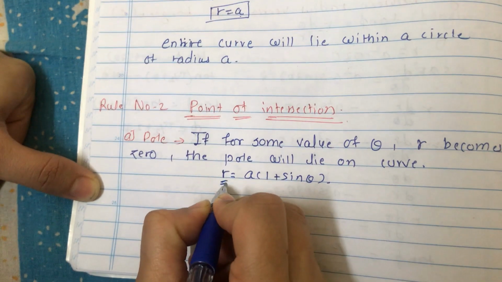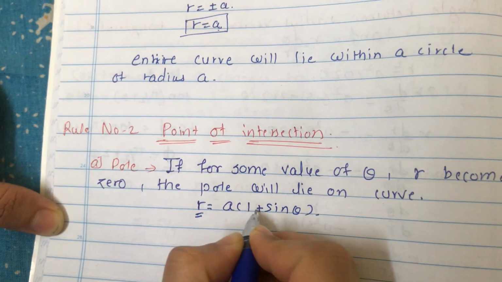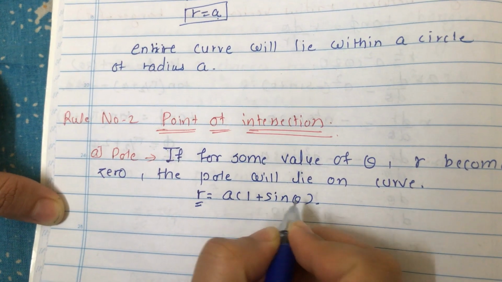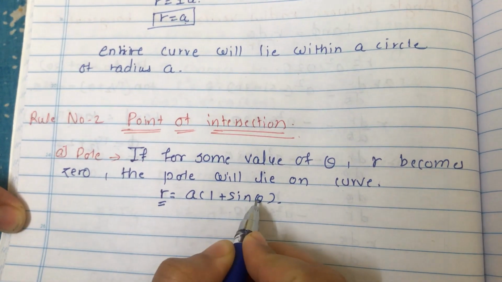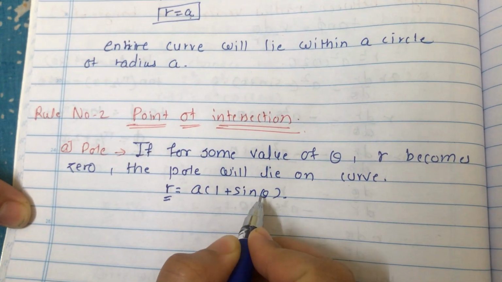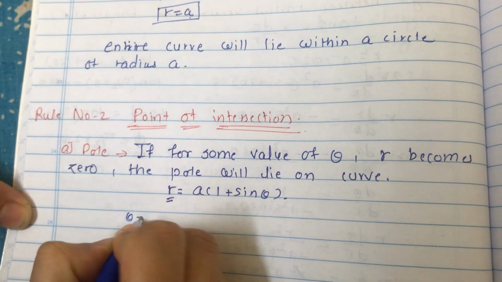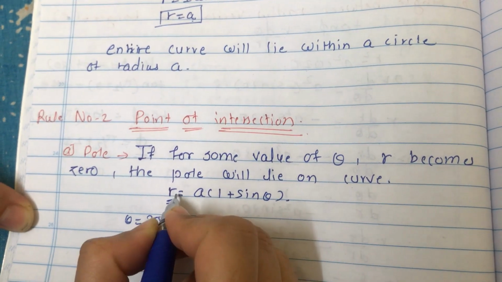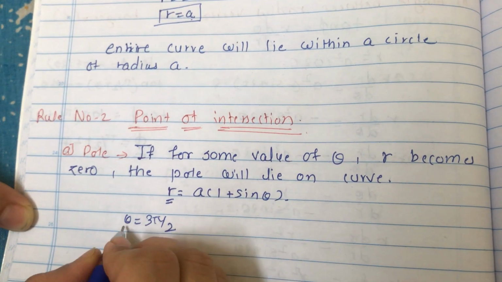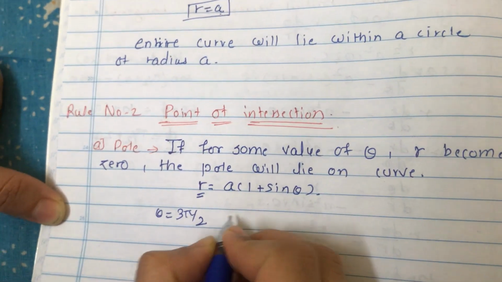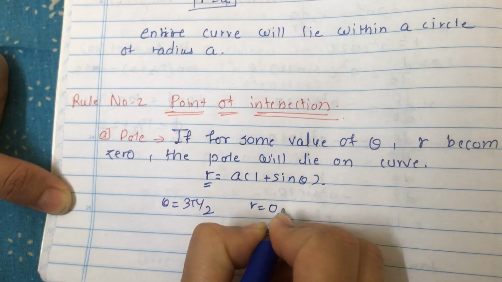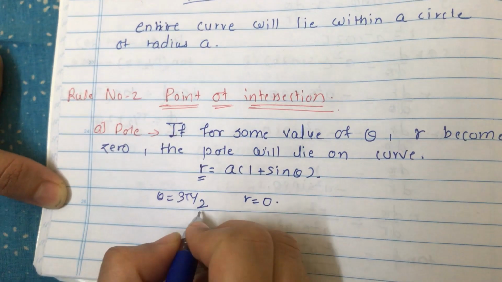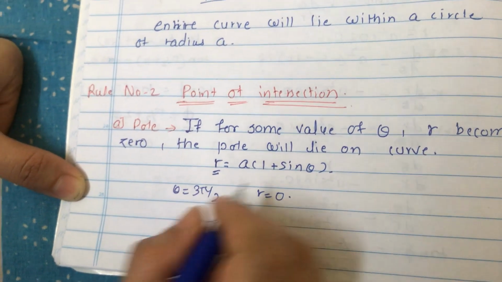Now this r value will be 0 when 1 + sin θ is 0, and 1 + sin θ will be 0 when sin θ is minus 1. And we know for θ equal to 3π/2, sin θ will be minus 1 and r becomes 0. So when θ is equal to 3π/2, we'll get r equal to 0. So the curve will pass through the pole.